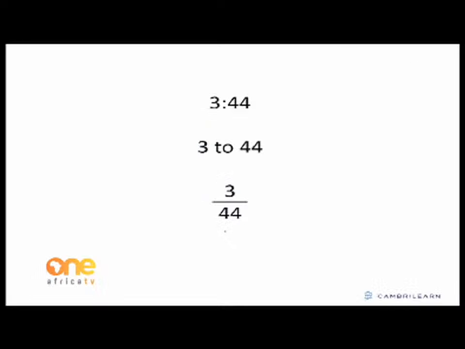When you're giving a ratio answer, there's 3 ways. The way we've just used, with a colon in the middle. In English, you would write it out 3 to 44. You can also give it as 3 to 44 as a fraction. The first method is the one that's preferred.